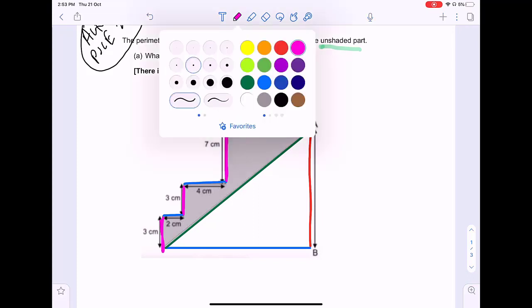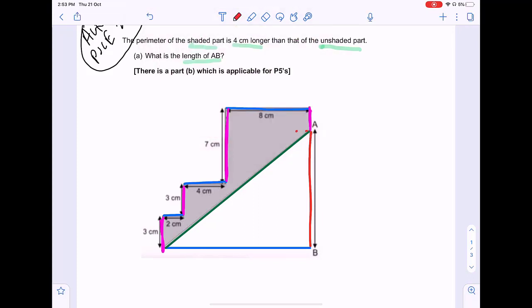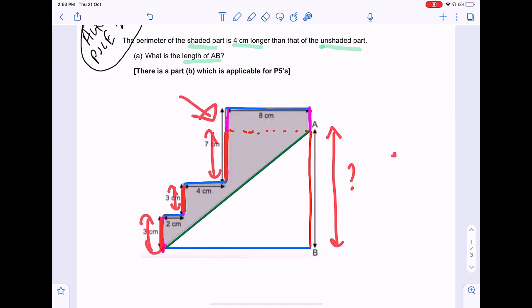Which means to say, if we trace this red line towards the pink line and we put the same red line here, here, and here, and bear in mind, the red line is basically AB, this red line, when you combine, we will get AB's length. So the only difference between the shaded and unshaded is actually these small pink sections here, which has a value of 4 cm.